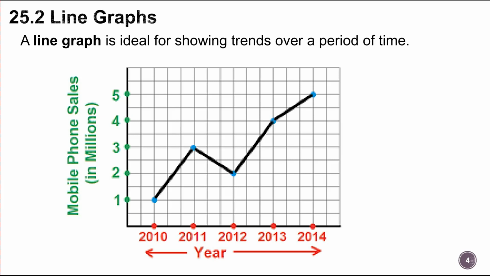There was a little dip from 2011 to 2012, but after that it's increasing pretty steadily. And so that's a trend, right? The trend is they're selling more cell phones, and that makes sense, since from 2010 to 2014 we went from 1 million to 5 million in mobile phone sales.